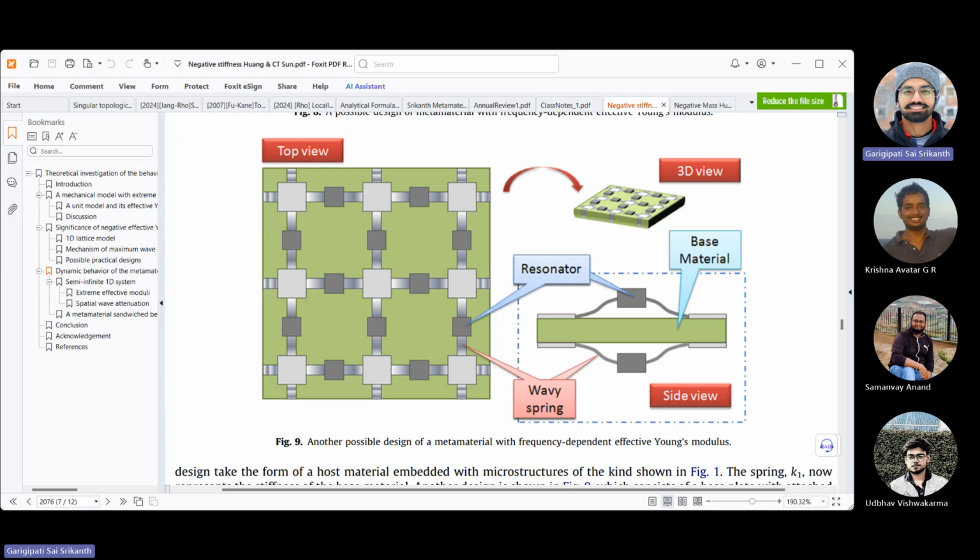And they say that you could use something like this, some possible design, where these are acting like trusses, and then these are acting like resonators. This is a base material in green, and somehow it will attenuate.